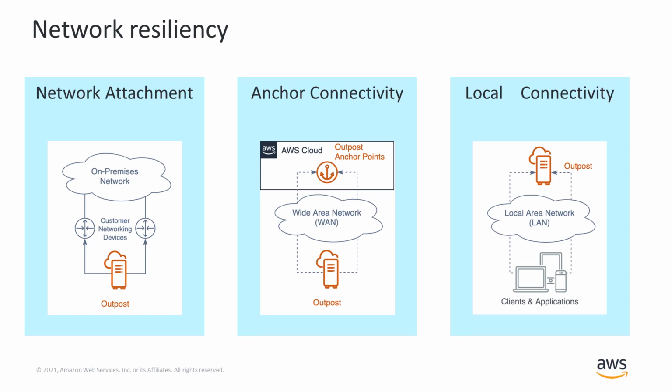So I'll add, when we're talking about this center anchor connectivity option for the service link on the WAN, it's relevant to understand that we support both Direct Connect as well as commodity internet paths to provide that connection back to the region.